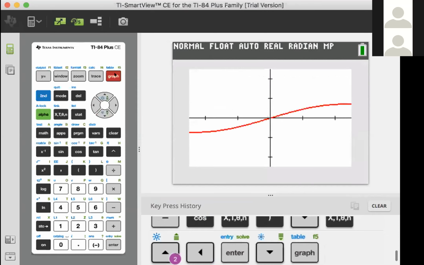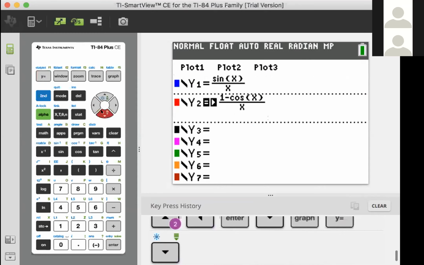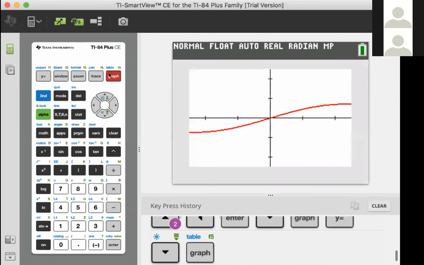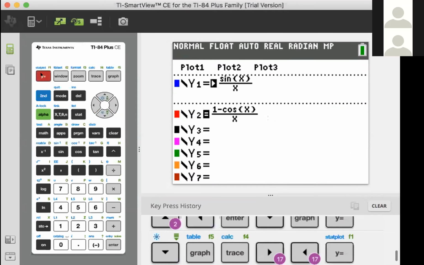So that's that graph. That's 1 minus cosine x over x. Now the question is, as x approaches 0, it's funny because this tracer always starts at the origin, but as you get closer and closer to 0, the y value, we're approaching a 0. But exactly at x equals 0, can x be 0? No, right?